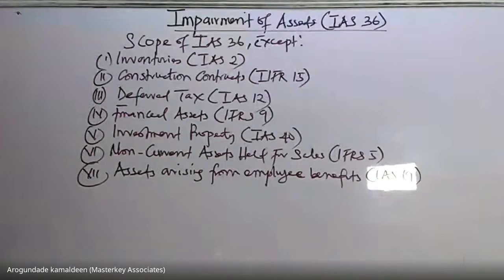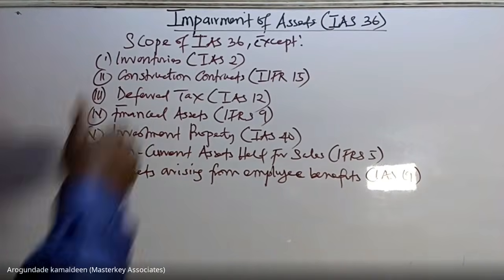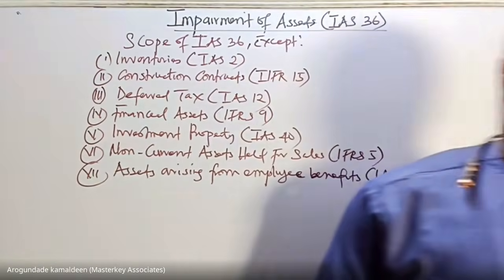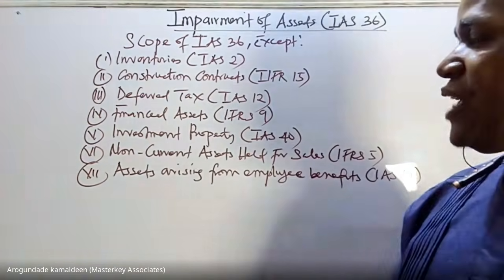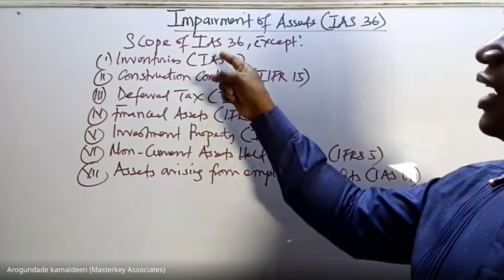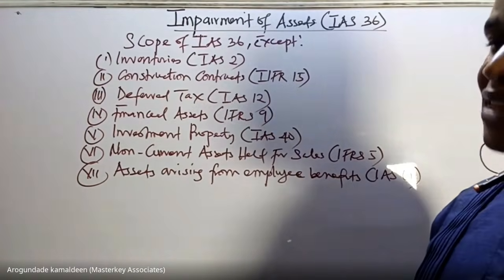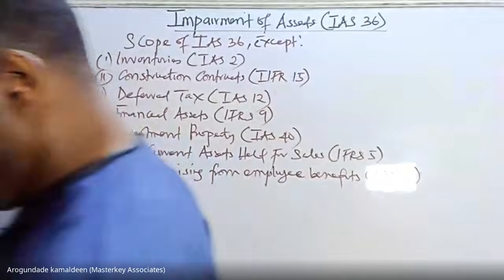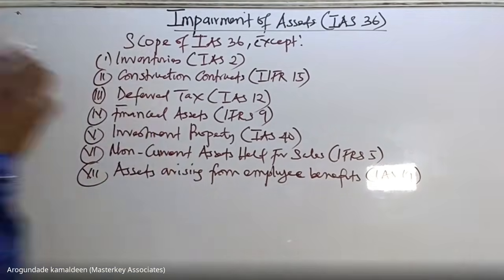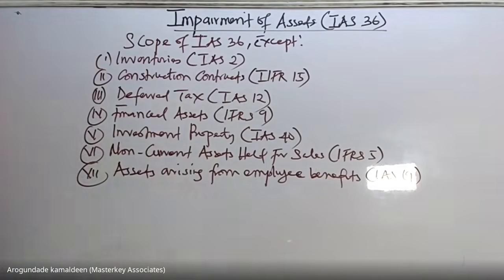So it means that the impairment of all those assets is treated in line with their respective standards. Exactly. Those are the areas that IAS 36 does not cover.